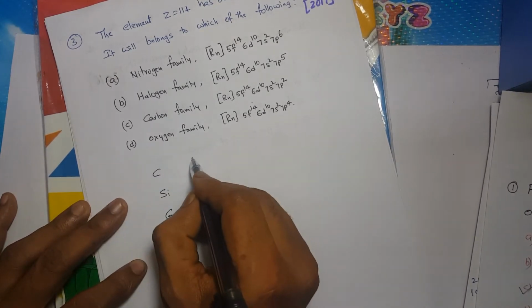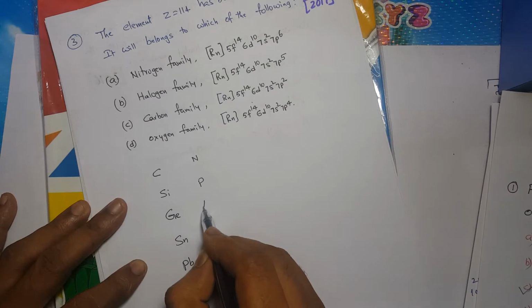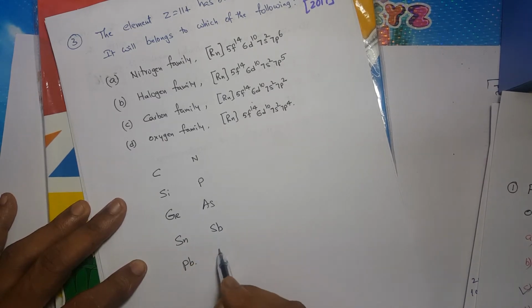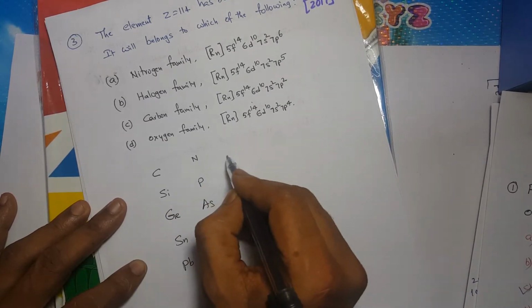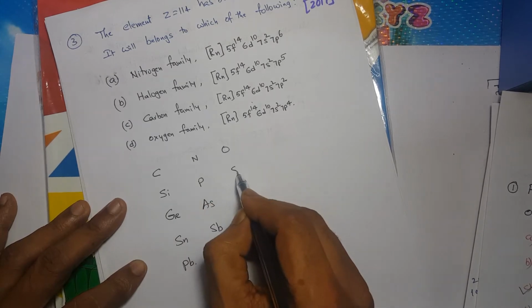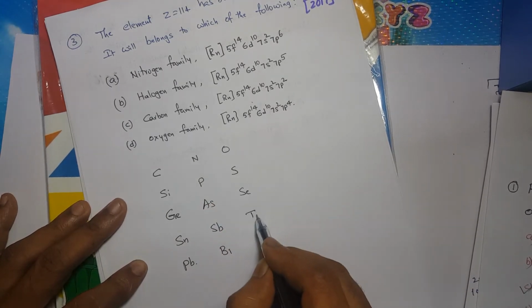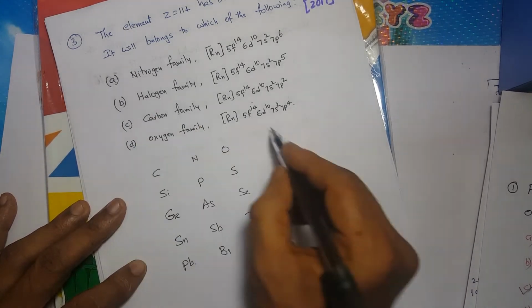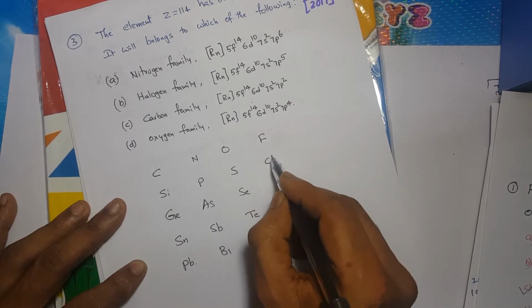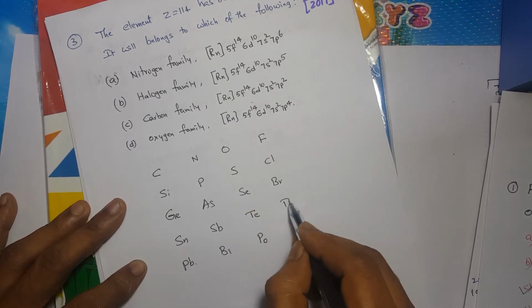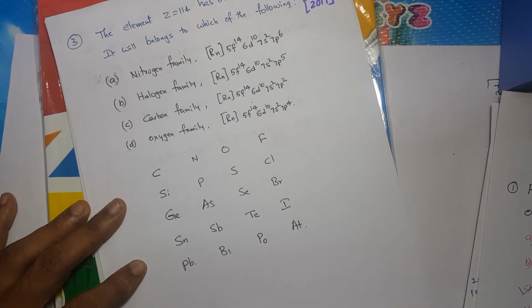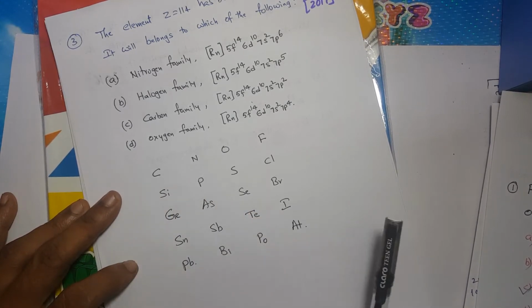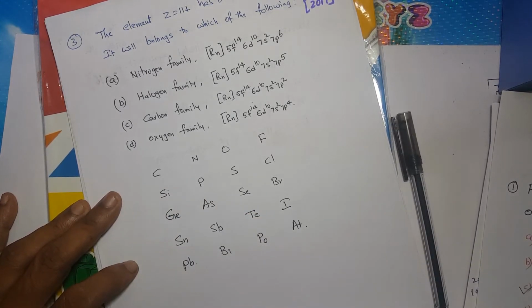Next, nitrogen family: nitrogen, phosphorus, arsenic, antimony and bismuth. Next, oxygen family: oxygen, sulfur, selenium, tellurium, polonium. Next, halogens: fluorine, chlorine, bromine, iodine, astatine.